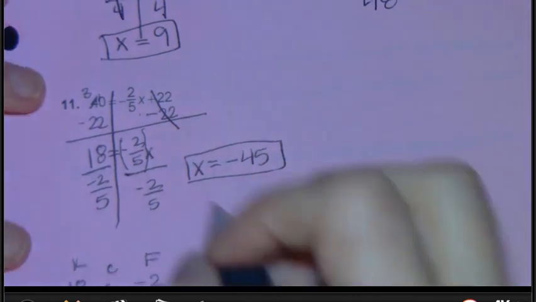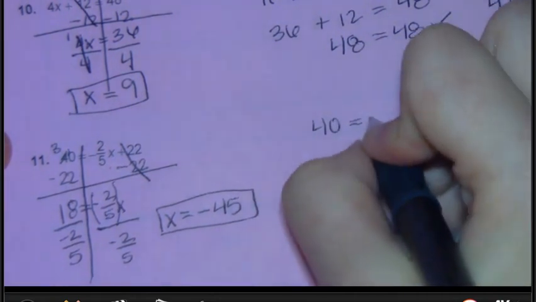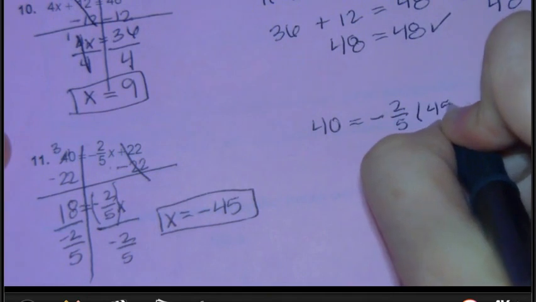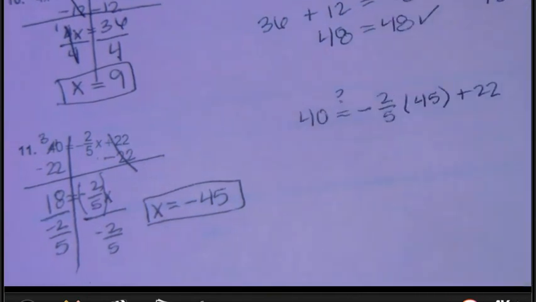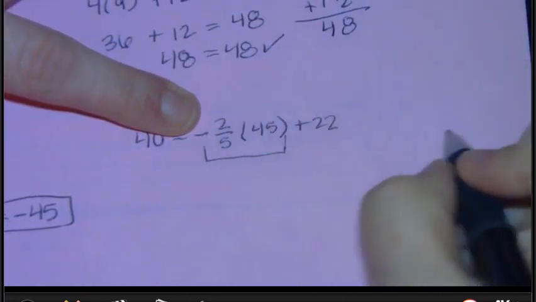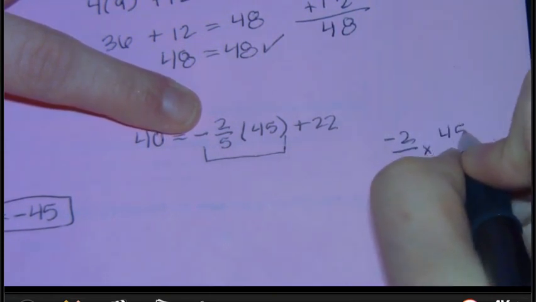All right, so let's go back in and double check. So I should have 40 is equal to negative 2 over 5 times 45 plus 22. Okay, we're going to come over here off to the side because we have to do this section first. Negative 2 over 5 times 45 over 1.